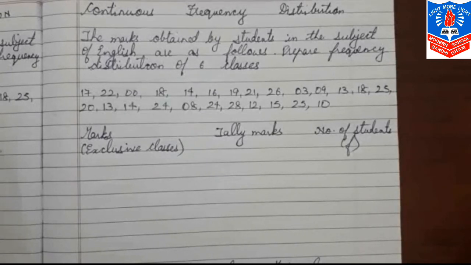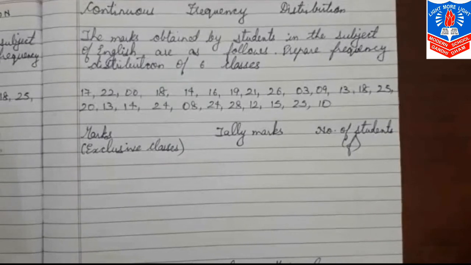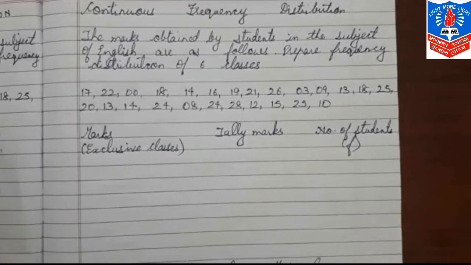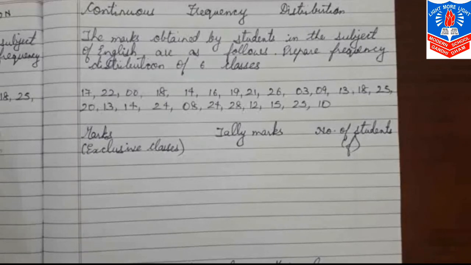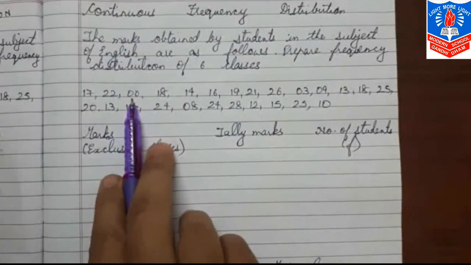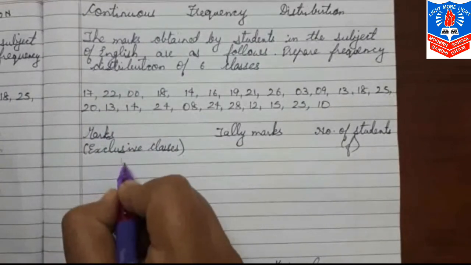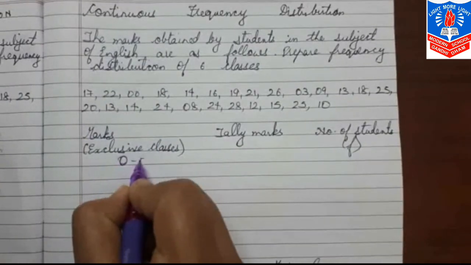It will be of exclusive classes. Now I start. A class should be such that the lowest one and the highest one are included. So I first start that 0 should be included, and obviously 28 should also be included. So obviously it will be 0 to 5.